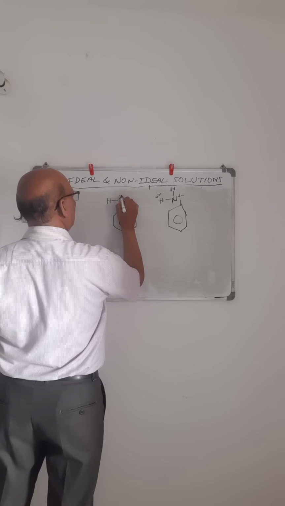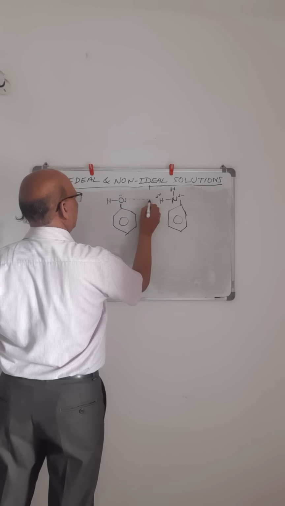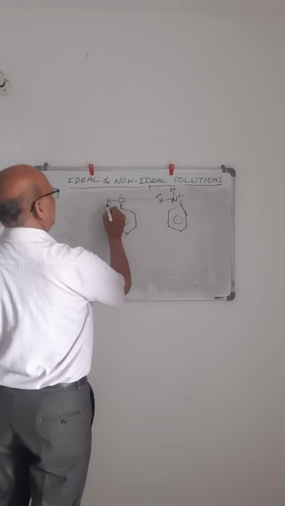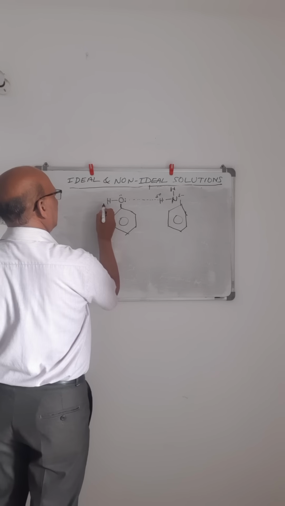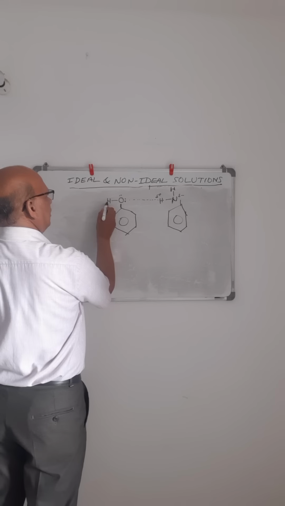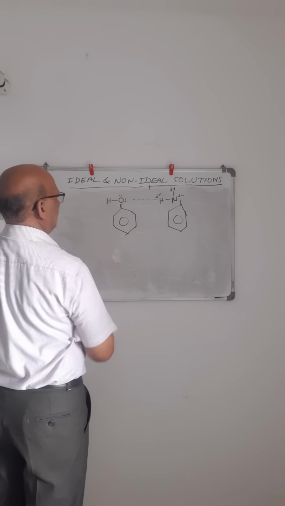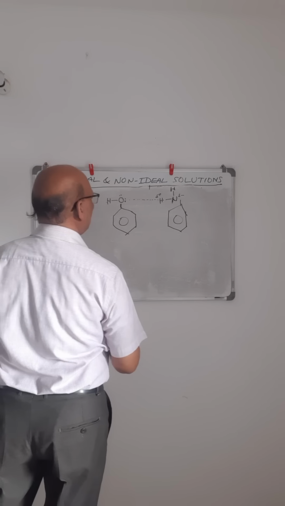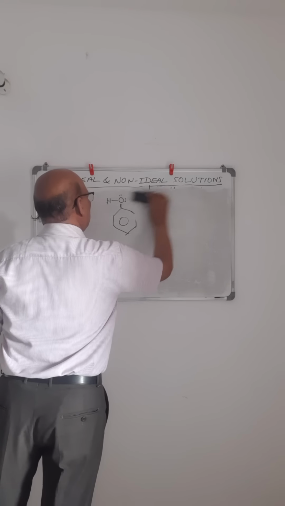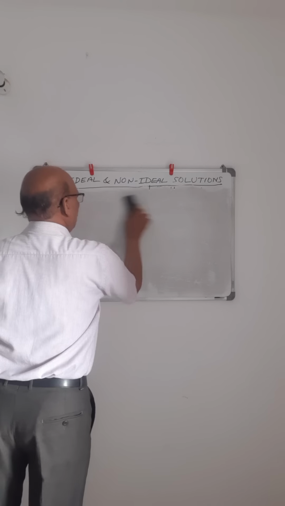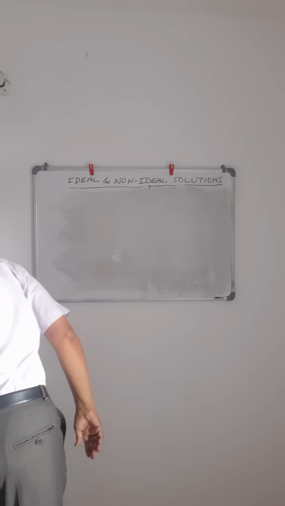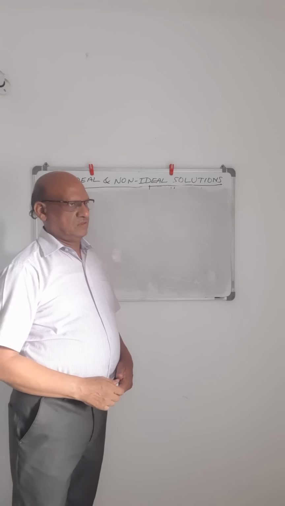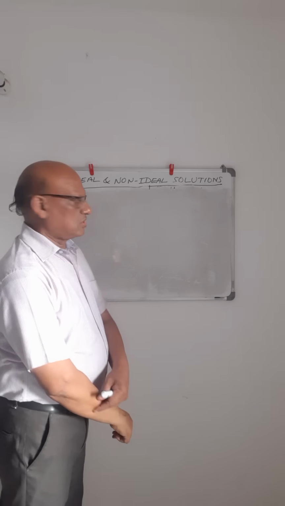So these two lone pairs on oxygen will form hydrogen bonding with aniline, and similarly this hydrogen will again form hydrogen bonding with another molecule of aniline, and the extent of hydrogen bonding between the two is more than that between individual molecules of aniline or phenol. That is why they show negative deviation from the ideal solution, that is, from Raoult's law.